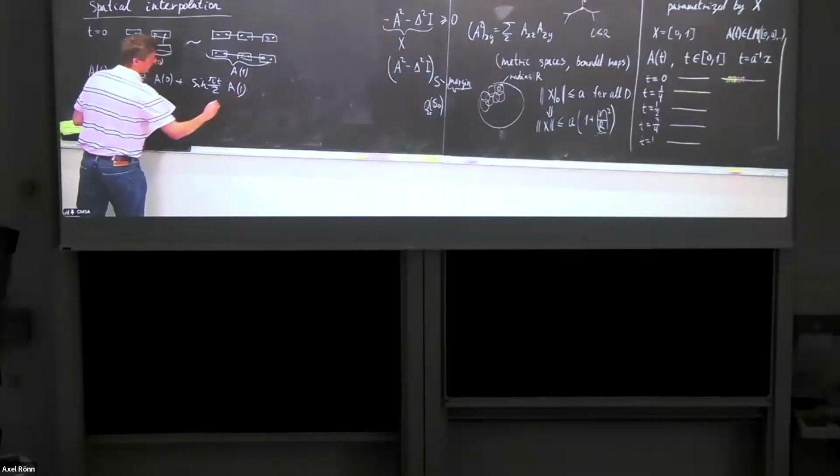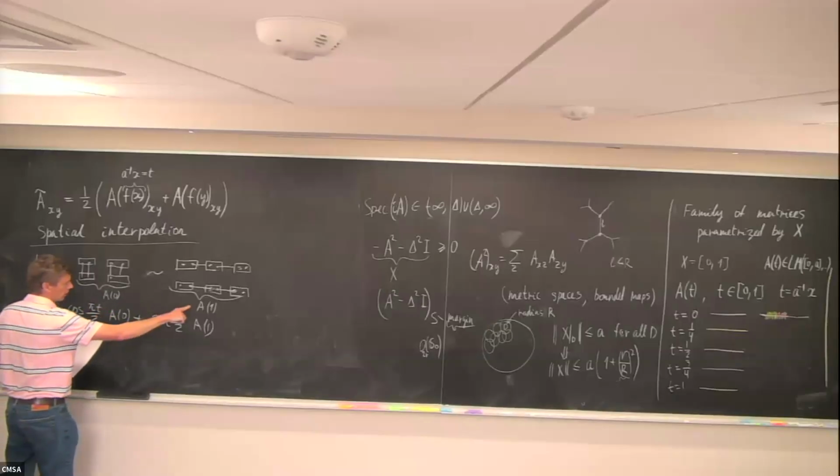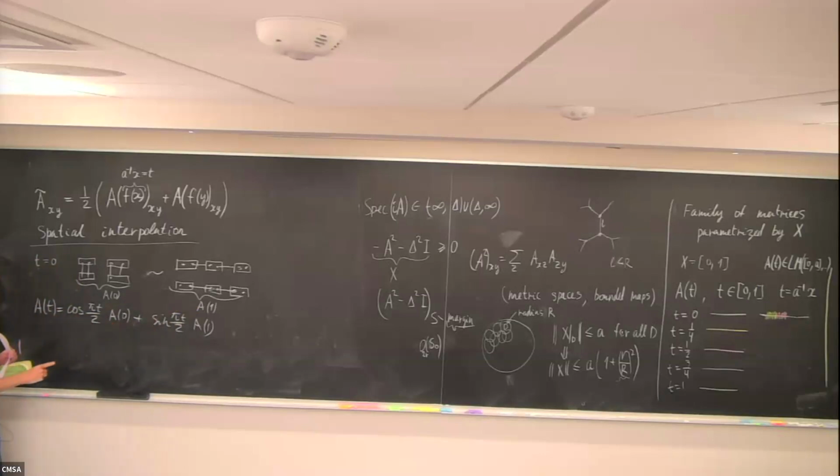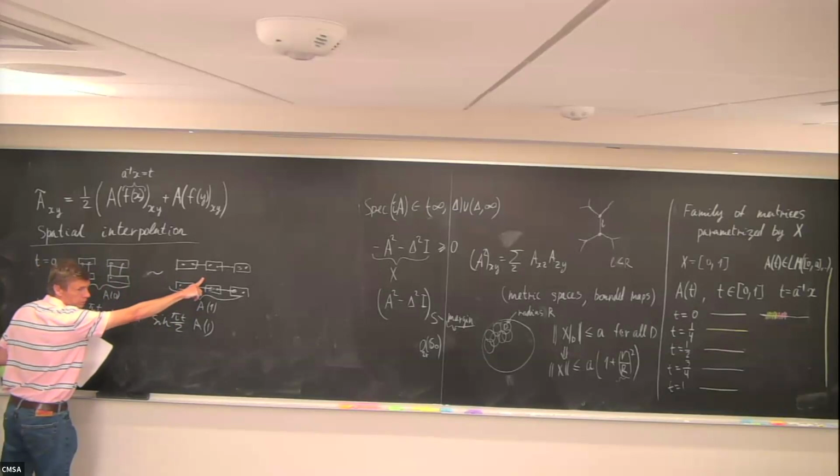And I mentioned that if there's a gap, then this one is also gapped because they anti-commute. A of 0 anti-commutes with A1. So this is a one parameter family of gapped matrices. And using spatial interpolation, we can construct a new matrix that on the left looks like this, and on the right looks like that.